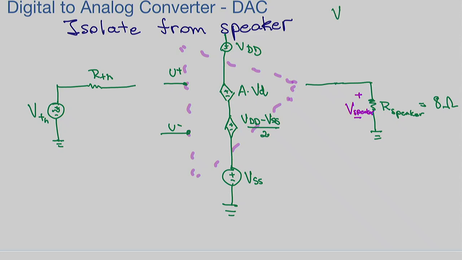Do you remember what VD was? The voltage differential is U+ minus U-. Very good. Okay, and we know that this VD is here, right? VD, voltage differential. It's the voltage across the two terminals of the op-amp.